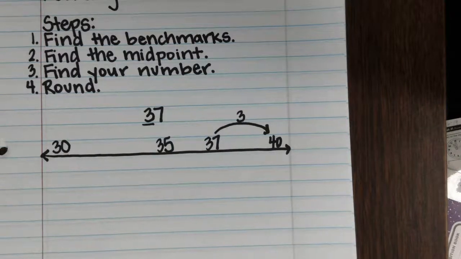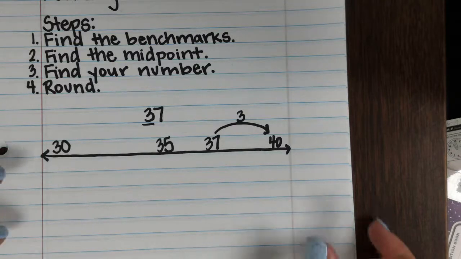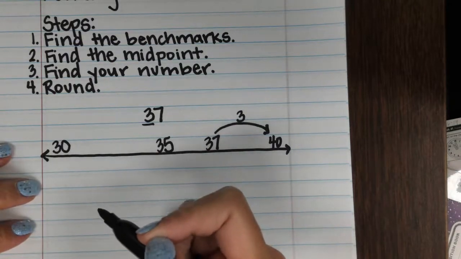So the last step I want us to do to kind of show why we know 37 rounds to 40, we're going to wrap this up with a little summary sentence. Okay?